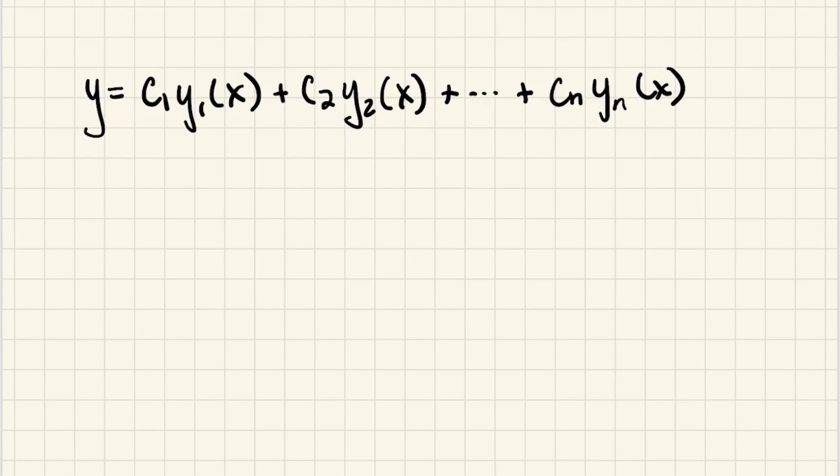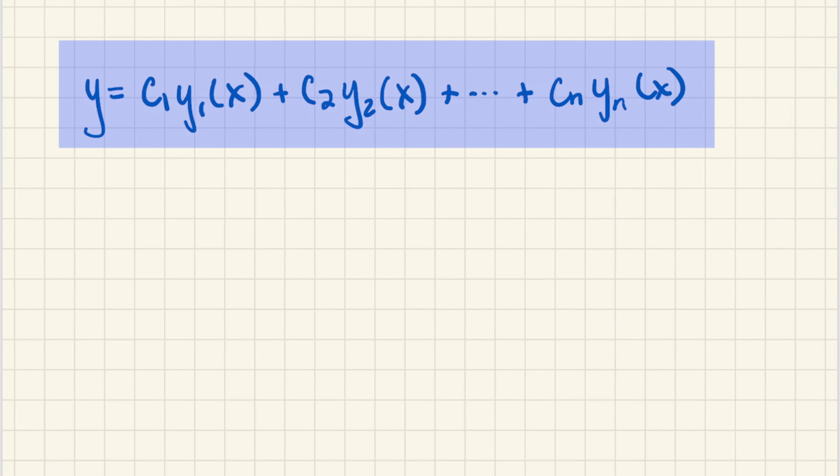It will have the n constants, each one next to a function, and those functions must be linearly independent. Each of these y1, y2, all the way up to yn, together, this is called the fundamental set of solutions on an interval. And when put together like this as a linear combination, this is called the general solution to that differential equation.